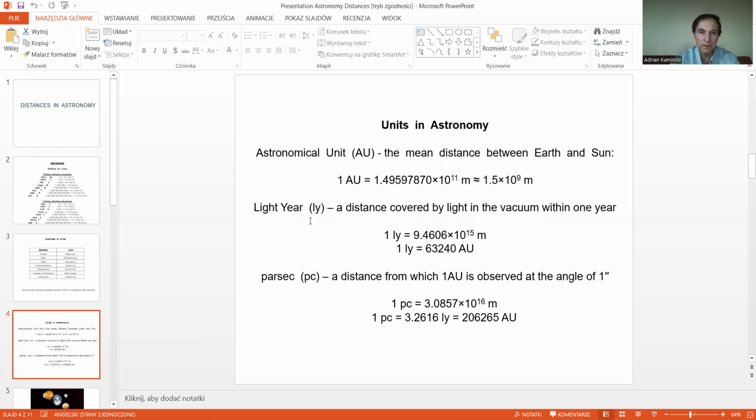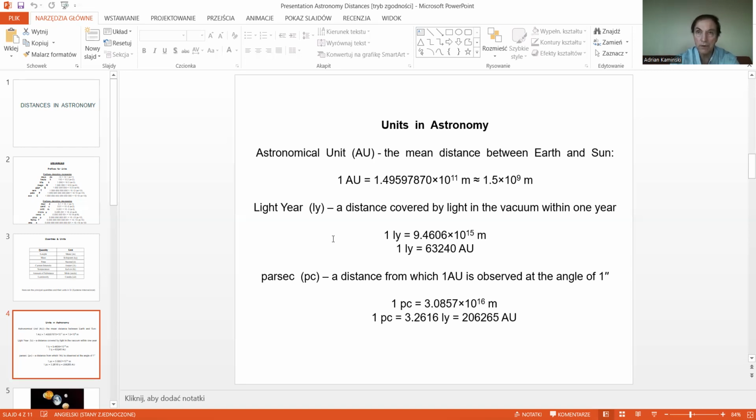Light year, symbol LY, is the distance covered by light in vacuum within 1 year. Within 1 second, because the speed of light is very big, 3 times 10 to the 8 meters per second, such a huge distance is covered within 1 second.